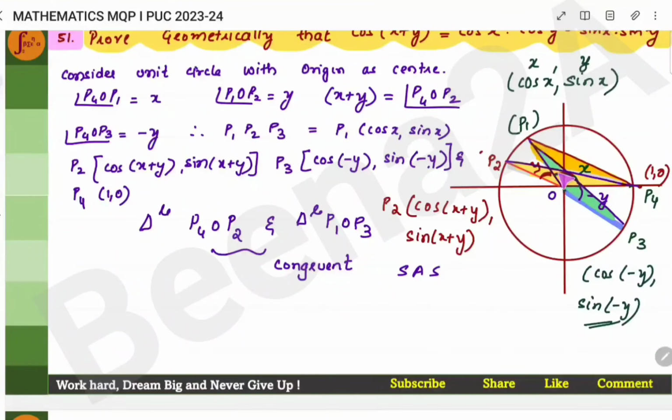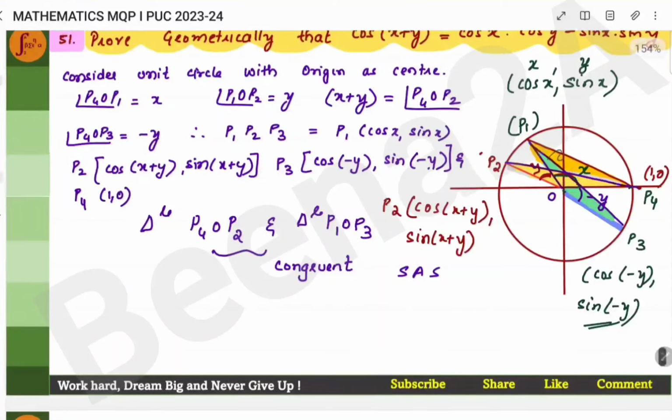Let's take this green shaded triangle, which is P1 O P3. Here OP1 is radius, OP3 is also radius. Now we'll look at the triangle P2 O P4, this yellow shaded triangle. Here again OP2 is radius and OP4 is also radius. So now both the sides in both the triangles are the same.